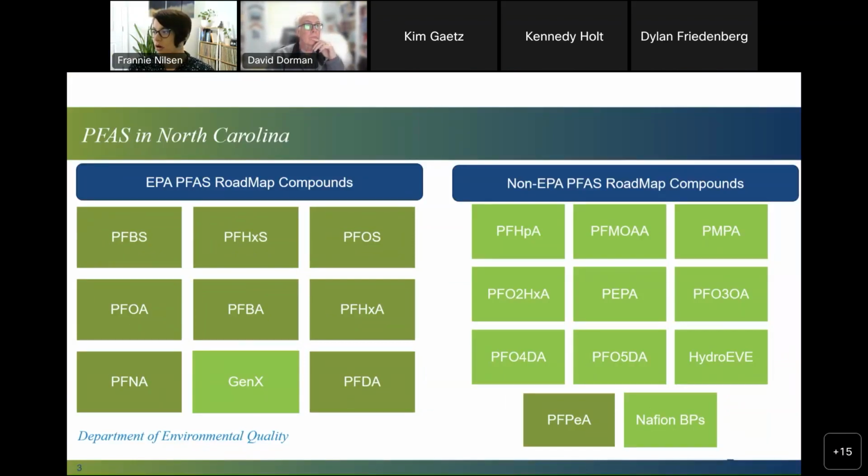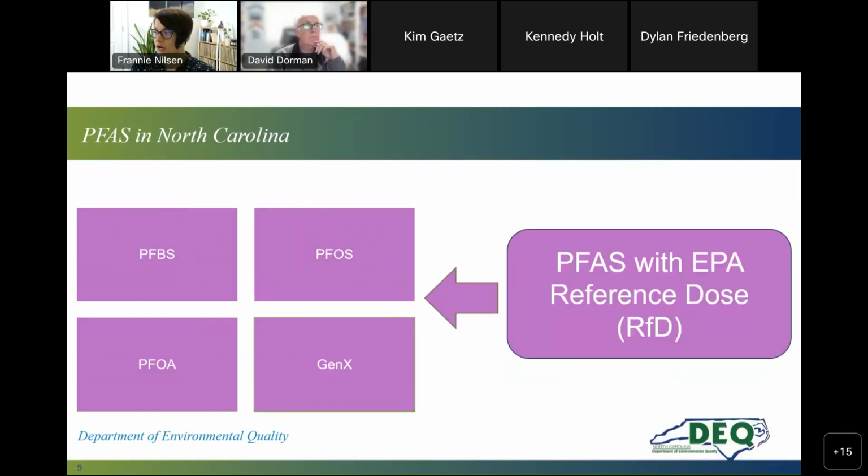The very light green are the CMOR's signature or the consent order compounds, and then the darker green are the legacy PFAS. These pink colors are the PFAS that the EPA currently has a reference dose for. And so these four are the ones that I'm going to be talking about for the next couple minutes.